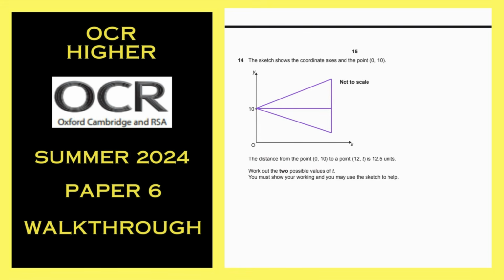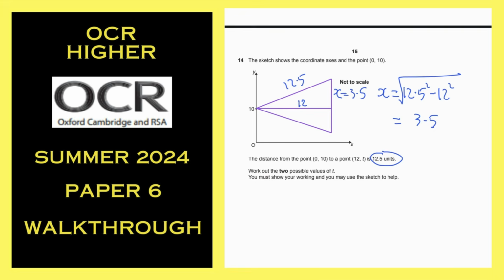At the end of the day, that distance is 12.5. Let's use a bit of Pythagoras. X is going to be the hypotenuse squared minus the shorter side squared, all square rooted. We get 3.5.